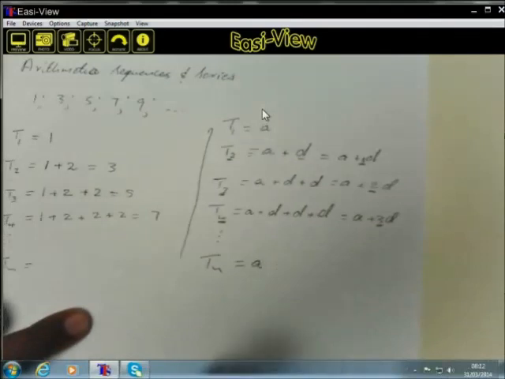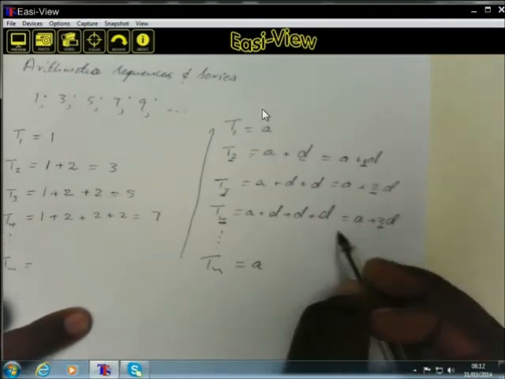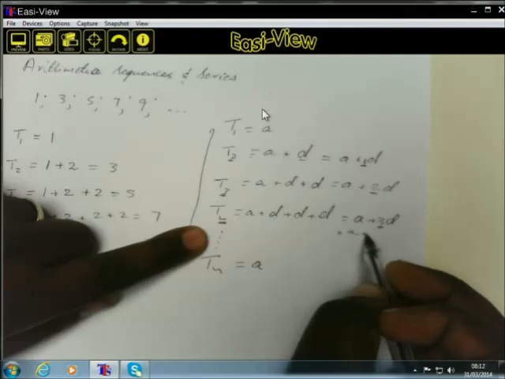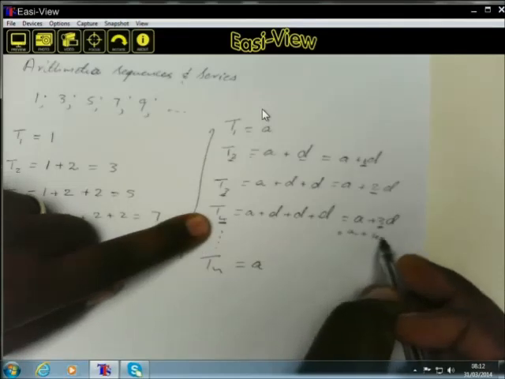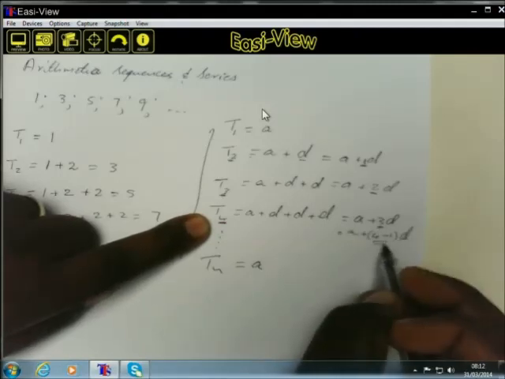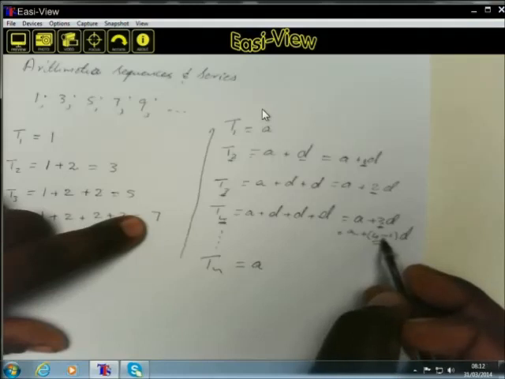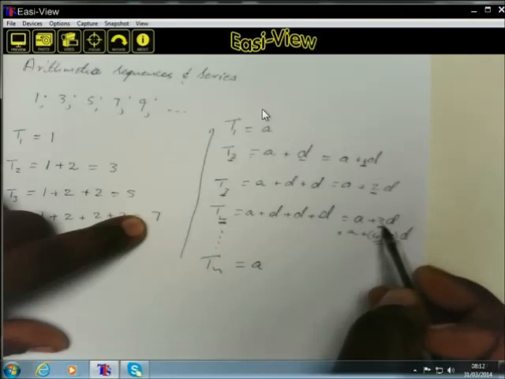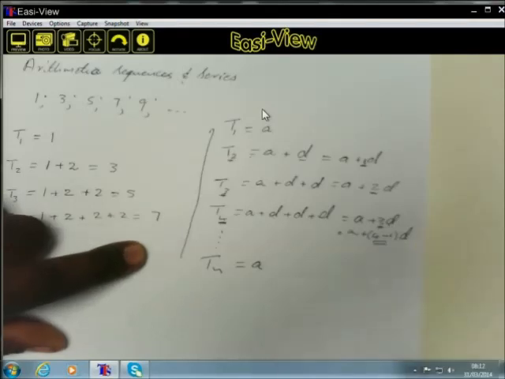In other words, if we were to write this T4 differently, we would say a plus the term number, which is 4, minus 1, put inside the brackets, and then d. Obviously, this 4 minus 1 will give us 3, and that is why it takes us back to this 3d.